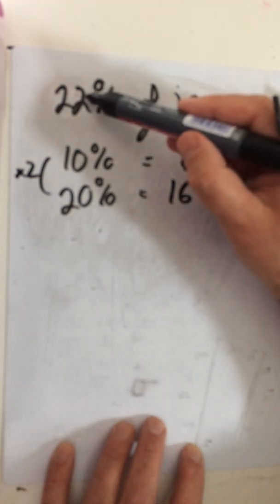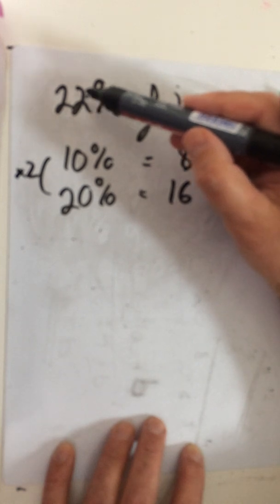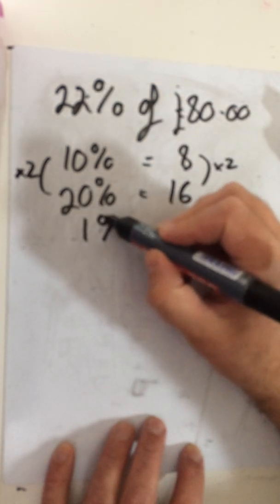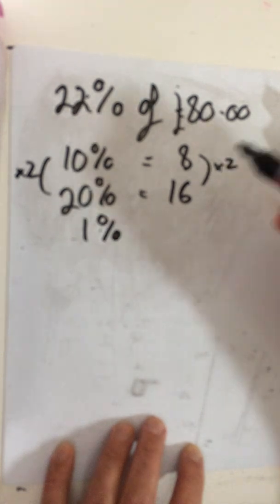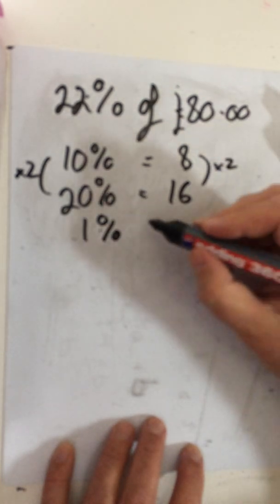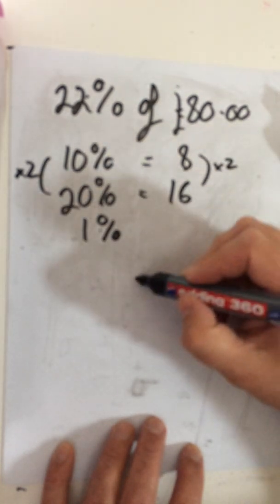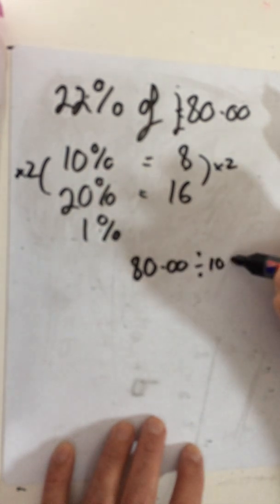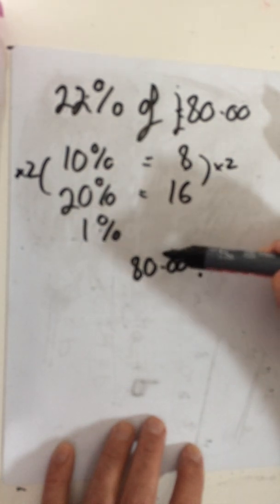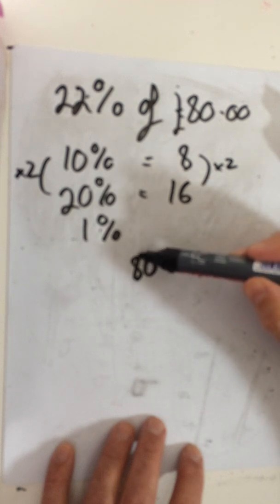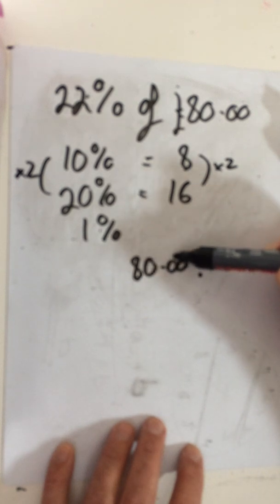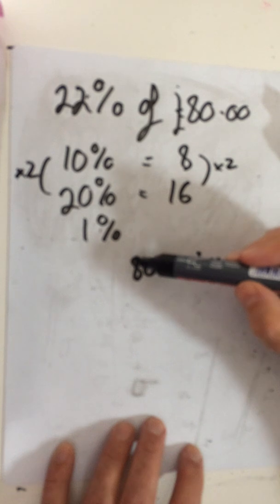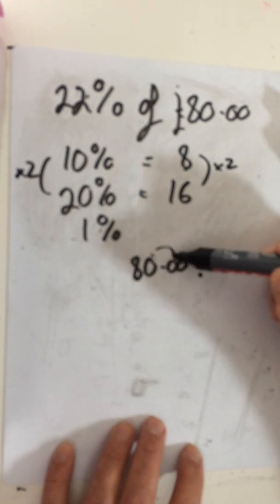Now I know to find 2%, I'm going to find 1% first. Now I know to find 1%, I divide by 100. So it becomes £80 divided by 100. Remember, when I'm dividing by 100, I'm moving the decimal point 2 places. So I'm going to move that 8 first of all to there.